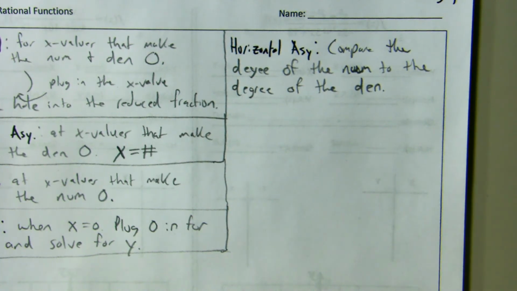And that gives us 3 situations that could happen. Because the degree of the numerator could be bigger, the degree of the denominator could be bigger, or they could be equal.